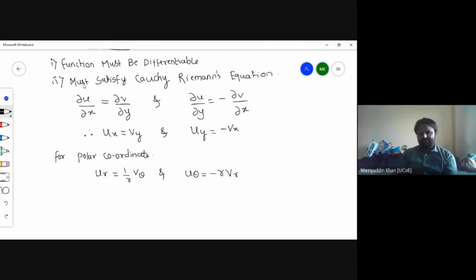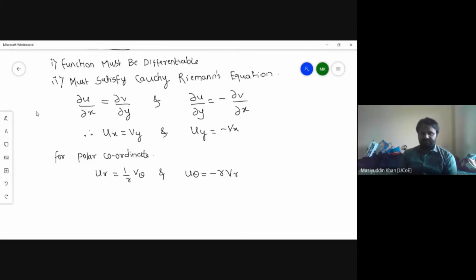So always remember, whenever we have to prove, because in examination either a question will come where we have to prove that a function is analytic, or sometimes the function is given as analytic and we have to find some unknown value. So please remember this thing. We are going to solve a few numericals so that you will understand very well.